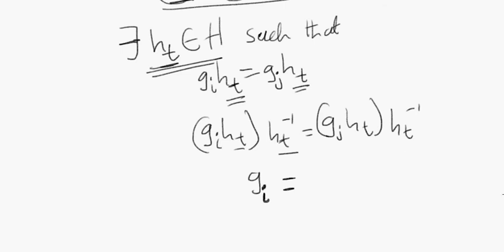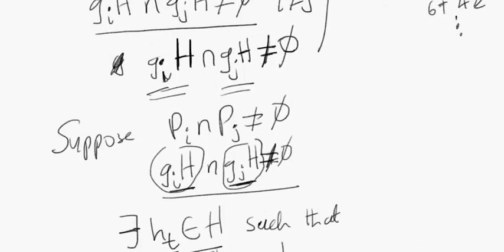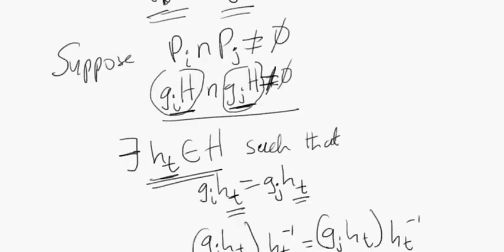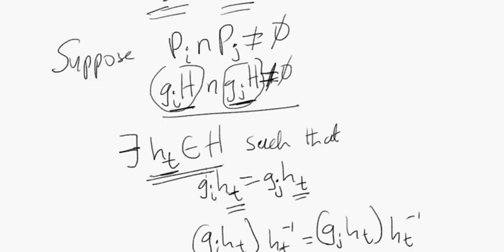Because if the left coset GI and the left coset GJ have an intersection, they have an element in common. It means that there must exist some HT, right? So far we're good. It means that there must exist some HT for which GI HT equals GJ HT. Right? That seems to follow. Wondering why there is a bit of confusion here.